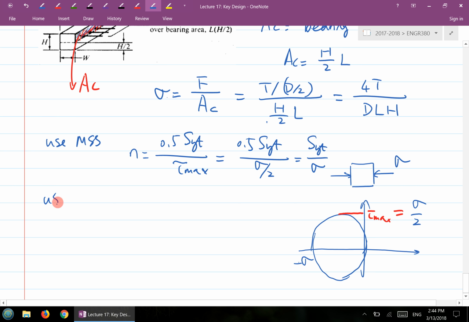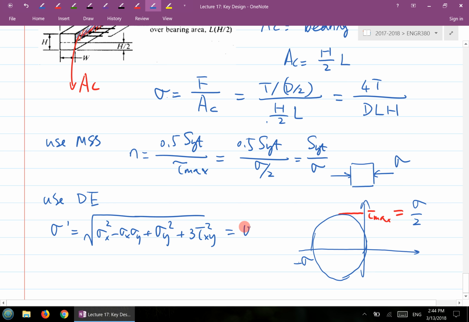If you use the von Mises stress or the distortion energy theory, sigma prime is equal to the square root of sigma x squared minus sigma x sigma y plus sigma y squared plus 3 tau xy squared. That's the formula for the von Mises stress. If you look at this stress element, there's nothing on tau, only one sigma.